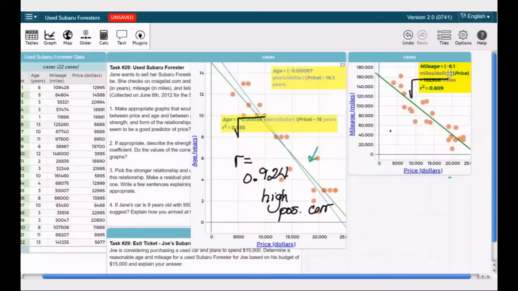What is the R value there, guys? 0.899. Okay. 0.899. That's the R value. Now that also is a high positive correlation.